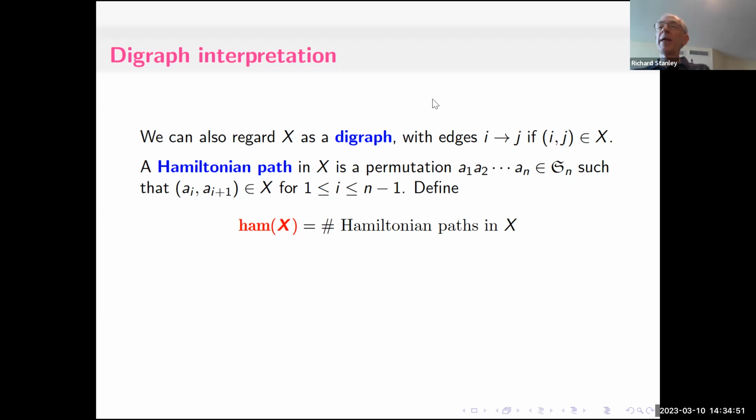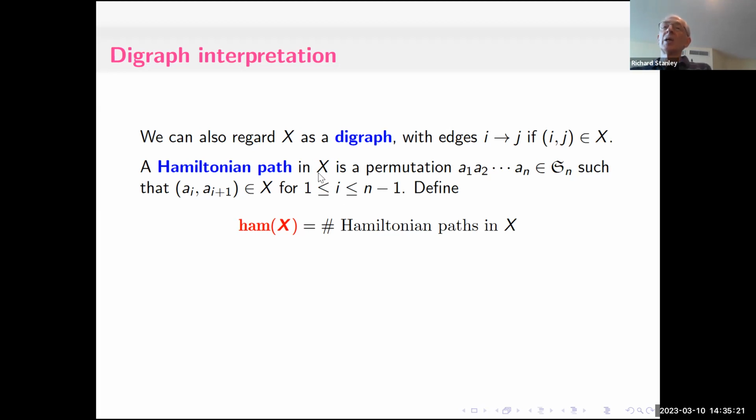And the Hamiltonian path should be a sequence of edges, or if you want, a permutation of all the vertices, such that there's an edge from A1 to A2, A2 to A3, etc. In other words, such that A_I A_(I+1) is an X, for all I between 1 and n minus 1.